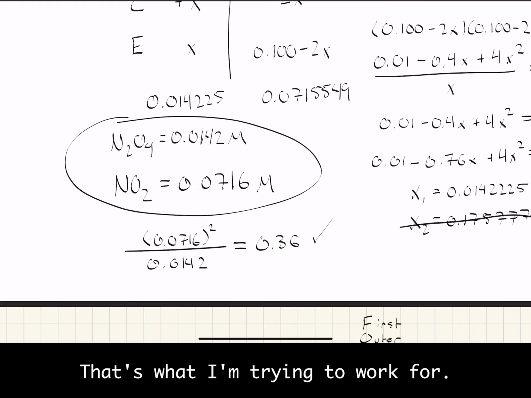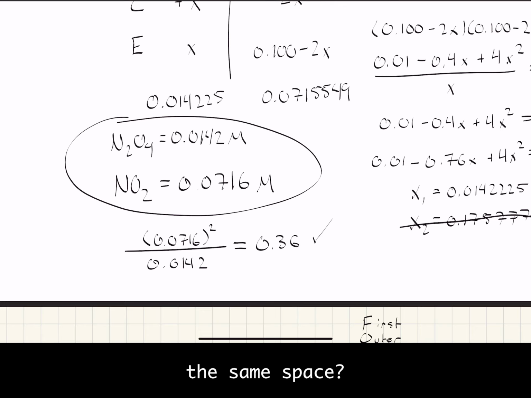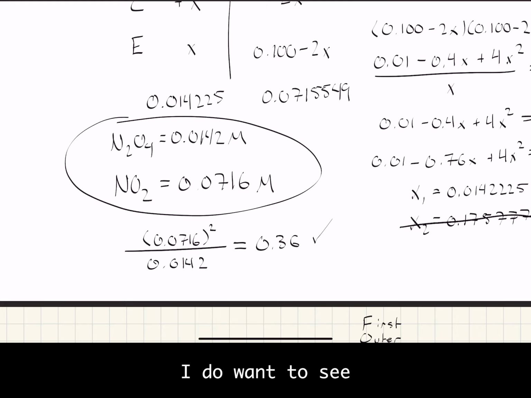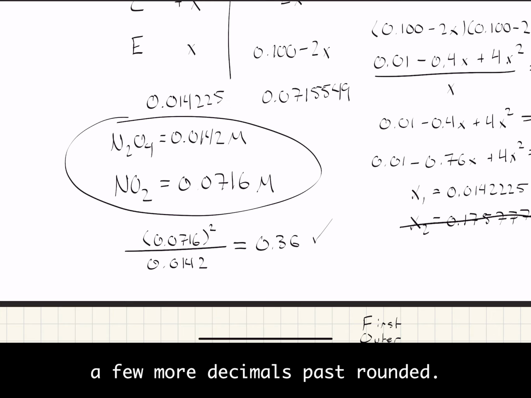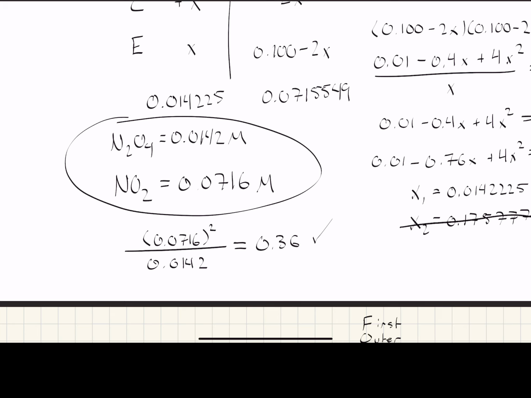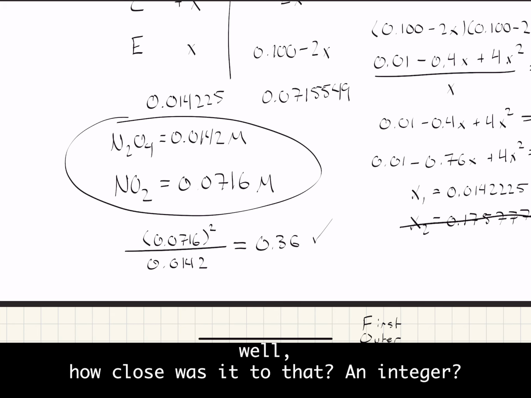Also, I have a question. When we're showing our work for the rest of this, do you want us to show the work when we're plugging in X, or can we just leave it as is to save space? I think I mentioned this yesterday in lecture, I do want to see a few more decimals past rounded. This is not as bad as on the lab, because on the lab, especially when it says just round to the nearest integer, it's kind of like, well, how close was it to that integer?